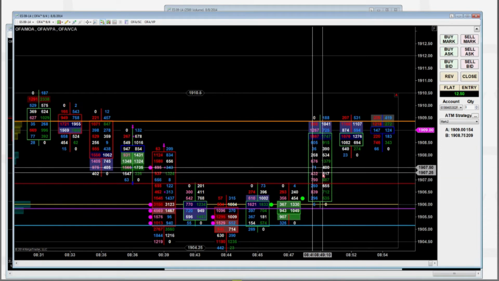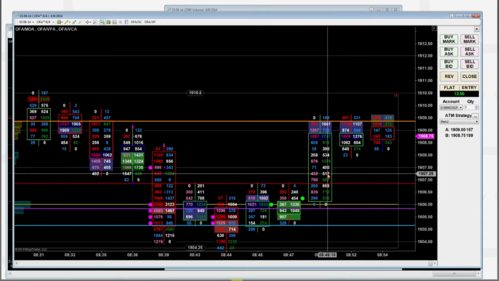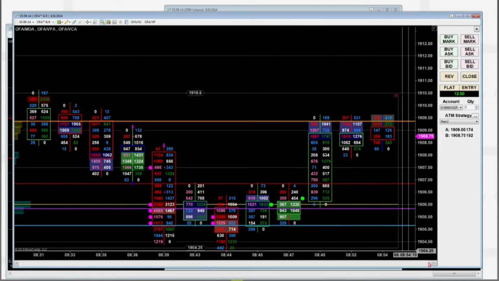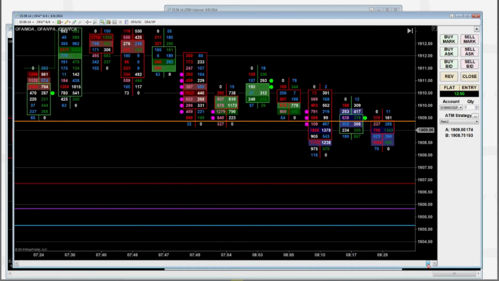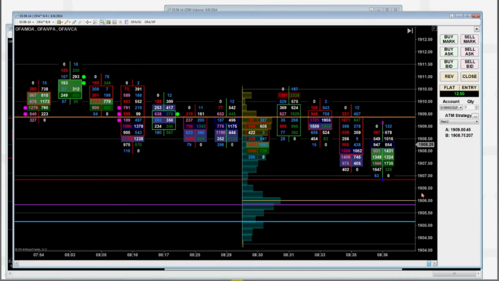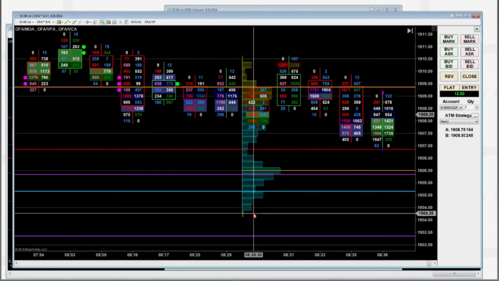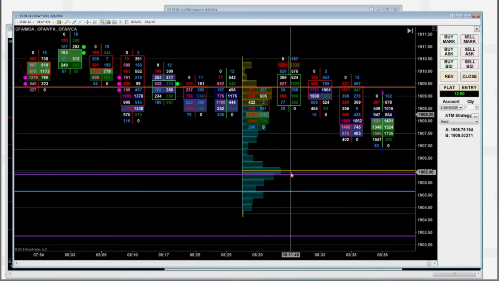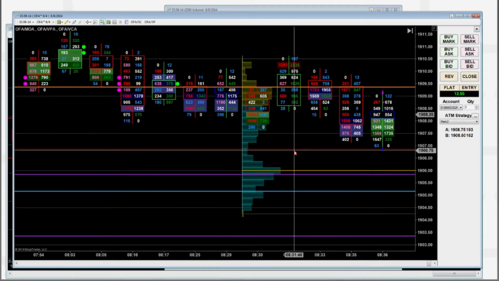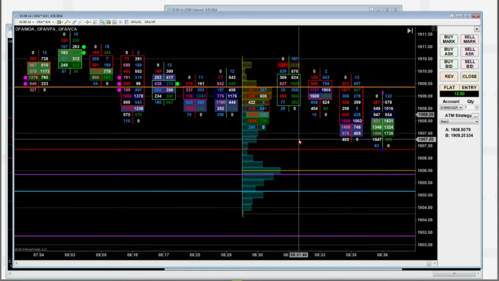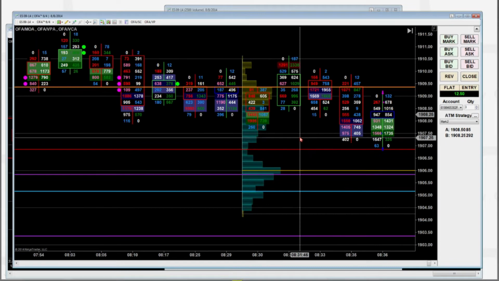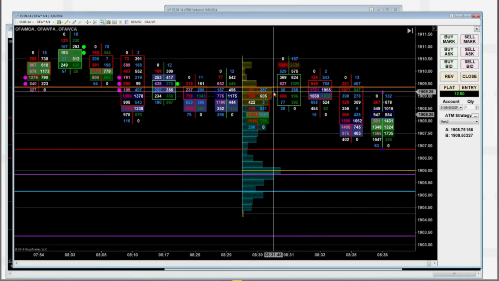This was an example of where I would consider a breakout because we had so much weakness, and in the profile, you see the interest waning down here. So my point is, if it was going to come through here, price was most likely coming back up to this high volume area to 1909, 1909 quarter.